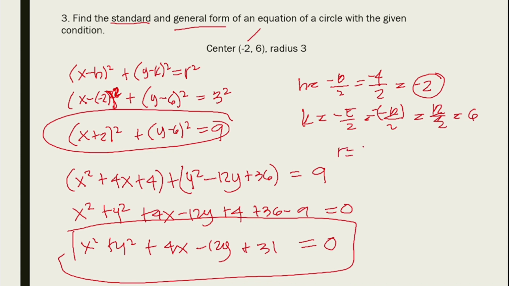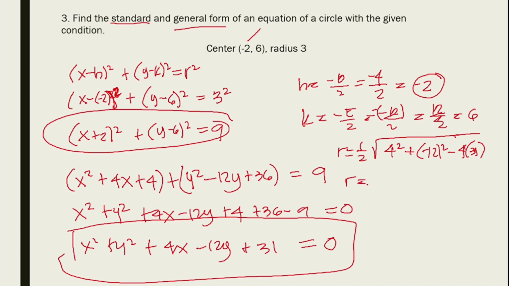And the radius is equal to 1/2 the square root of d squared plus e squared minus 4f. Our d is 4 squared, plus e squared, where e is negative 12 squared, minus 4 times our f, which is 31.